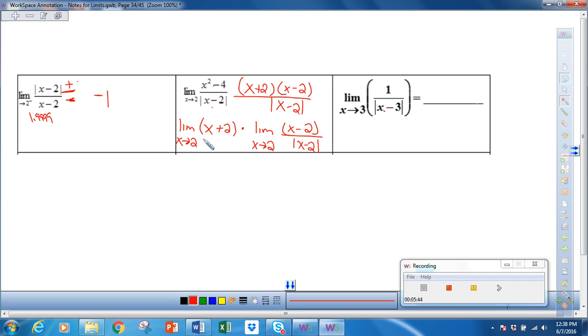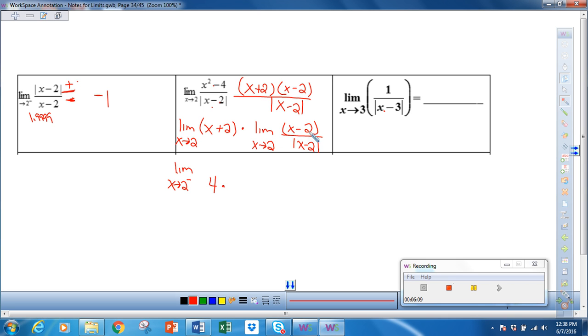Okay? So, because I'm looking at 2, and it's not from the left or from the right, I have to take both. So I have to take the limit as x approaches 2 from the left. And that quantity, even though my numbers are slightly smaller than 2, I still end up with 2 plus 2, which is 4, times, now, when I come in from a number slightly smaller than 2, this is going to give me a negative number, because slightly smaller than 2 would be like 1.999.